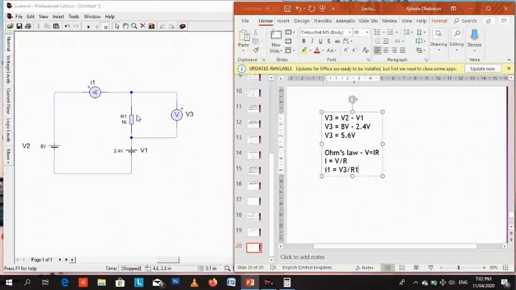So V3 over R1, where V3 is V2 minus V1. We've done that before. So I1 is equal to V3, which is 5.6 volts in DC, divided by R1, which is 1 kilo ohm.